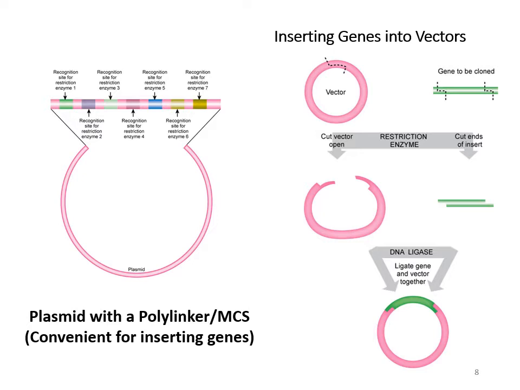Now, keep in mind, not all plasmids will have that polylinker, and ligation is not always perfect. When you do this process, not every vector is going to get cut open, and not every vector is going to get the intended gene.